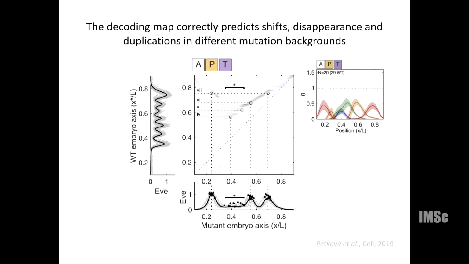Some of the stripes disappeared. They're just smeared, and you could say, okay, this is something you see here by just having a broader distribution in this probability density map.